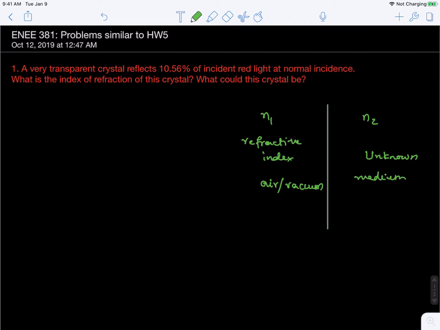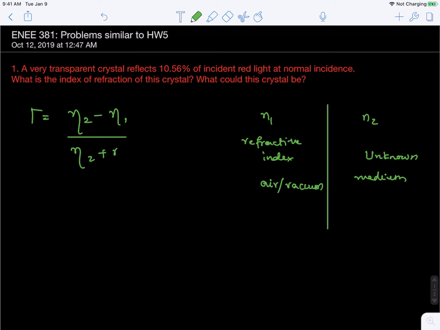Okay, so now we know that when we are talking in terms of either electric waves or magnetic waves, the reflection coefficient is defined as eta 2 minus eta 1 divided by eta 2 plus eta 1.